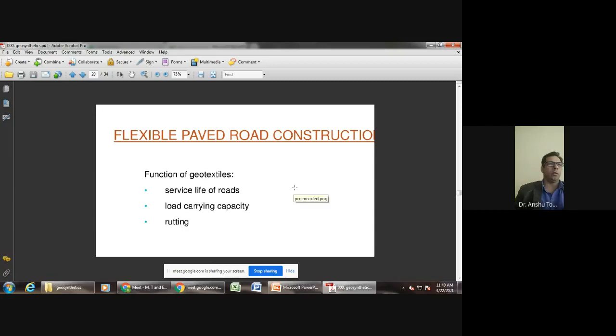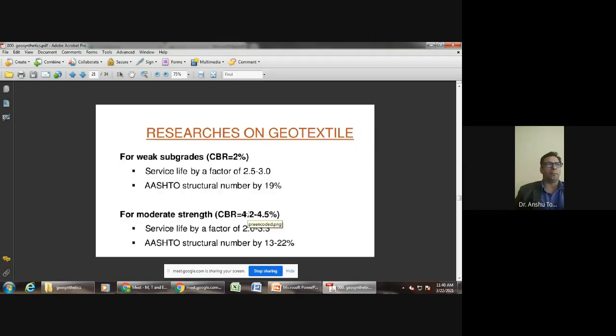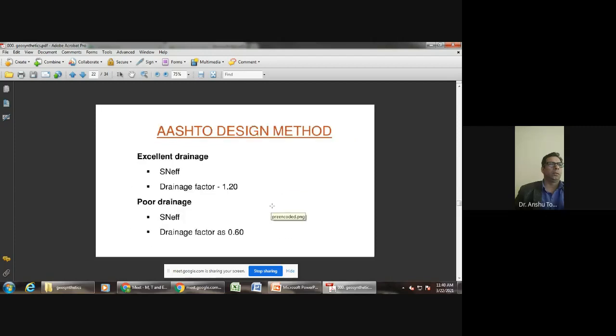It is going to improve these properties under the category of flexible road pavement construction. So it is going to increase the service life, load carrying capacity, and reduce the deterioration in the form of rutting. Excellent drainage.